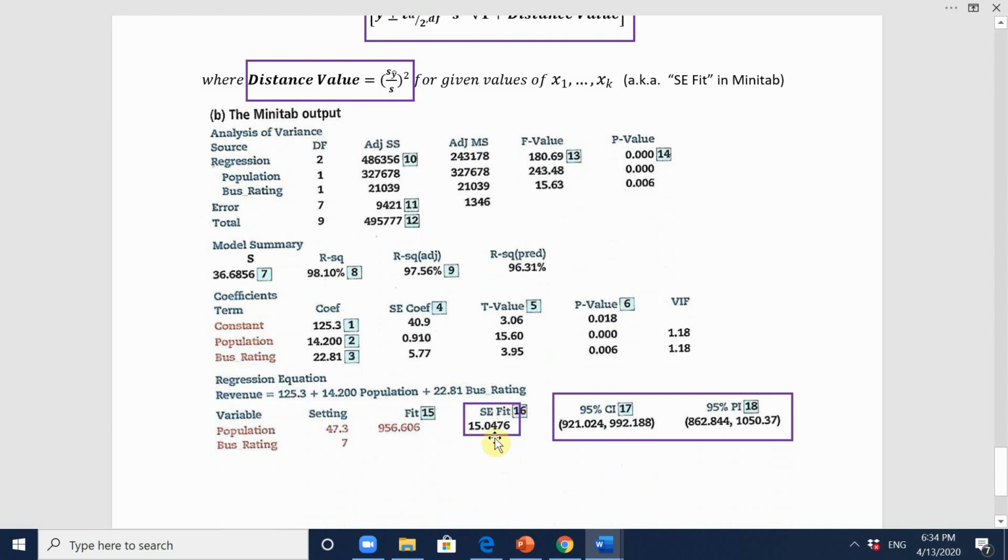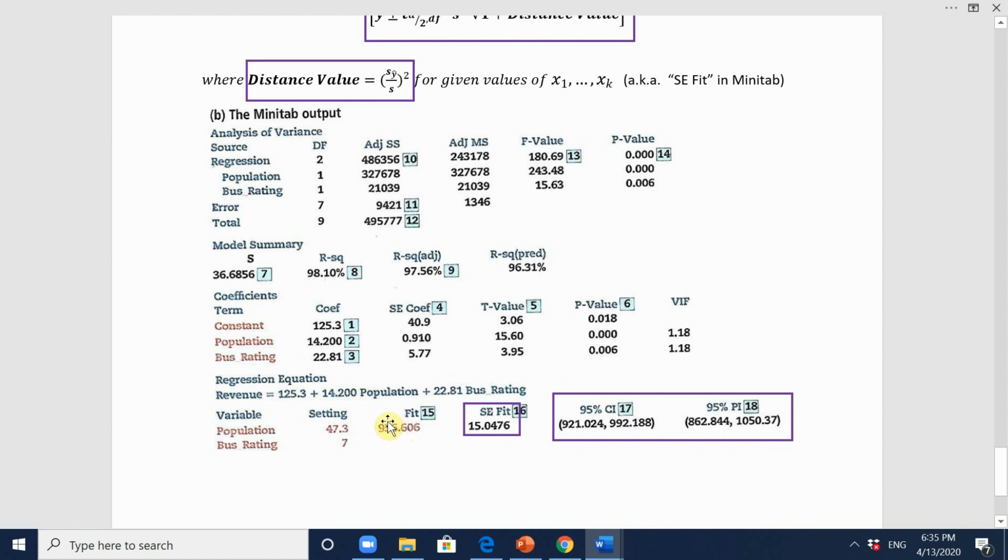In order to get this SE fit, of course, you have to feed in the X values. So here it is setting the X values to be X1 equals 47.3 and X2 equals 7. And that will give you a y hat. That's your y hat over here. So that can be your point estimate, or it can be your point prediction.